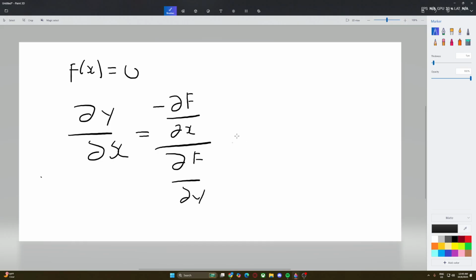And we get this from the fact that since f equals 0 and f is some function, I don't even know.